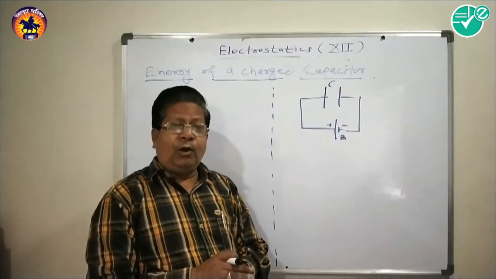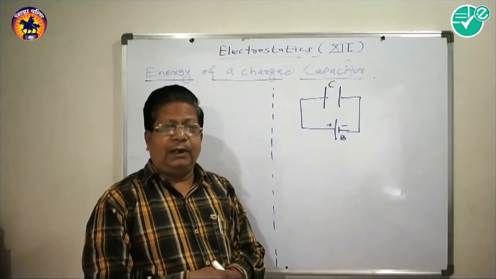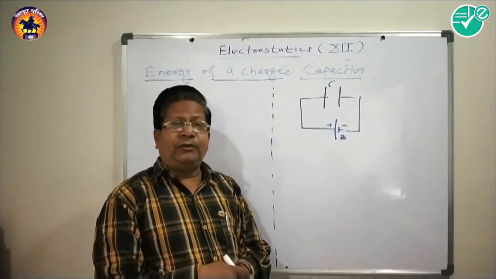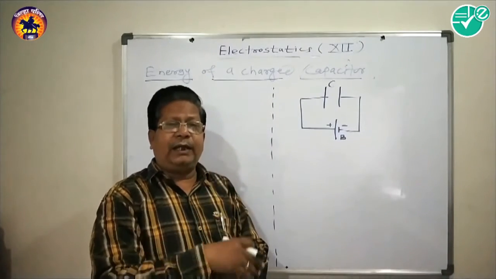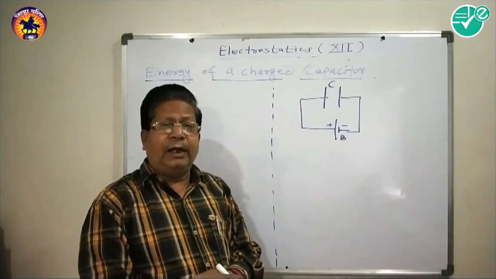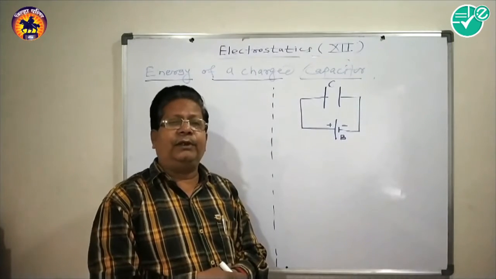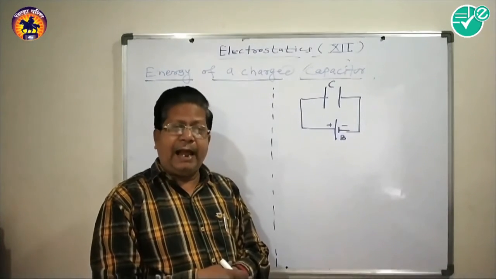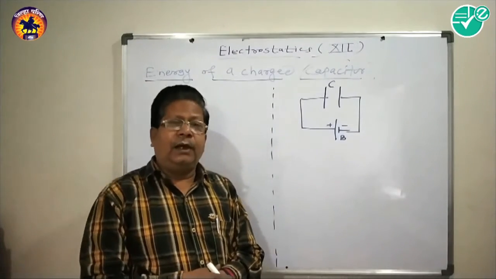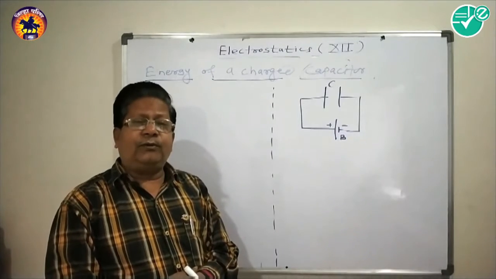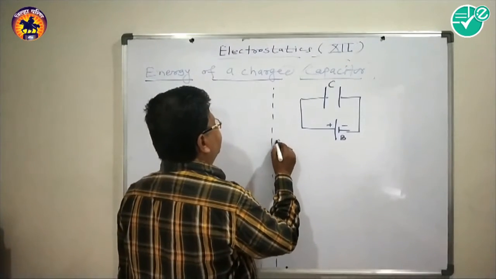And in order to deposit more positive charge on the plates, the already deposited charge, which is positive, and the charge we are going to deposit, which is also positive, repel each other. That means there is a force of repulsion between the two charges, and we have to work against this electrostatic force of repulsion.